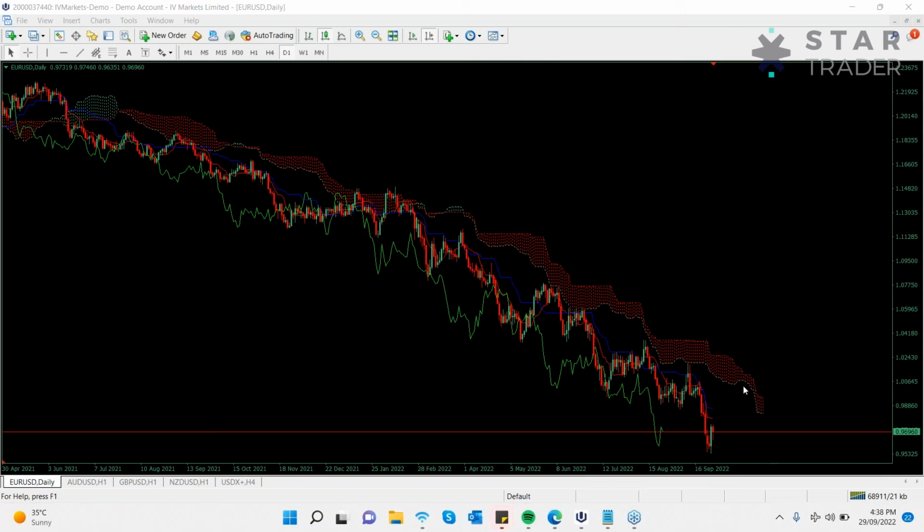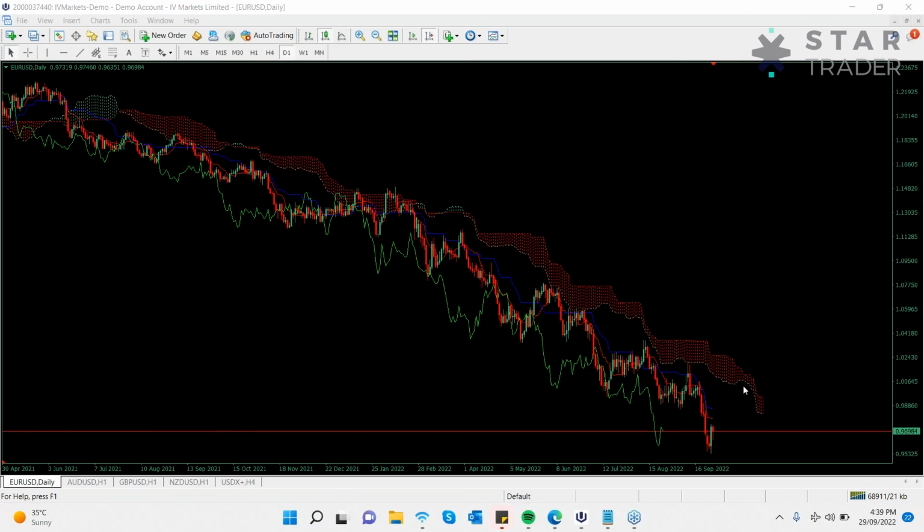Look, the cloud is telling us that your trend is bearish. Our moving averages are telling us that your trend is bearish, and your Chikou span is also telling us that your trend is bearish. What else do you need? We have found a solid direction that our trend is now bearish.